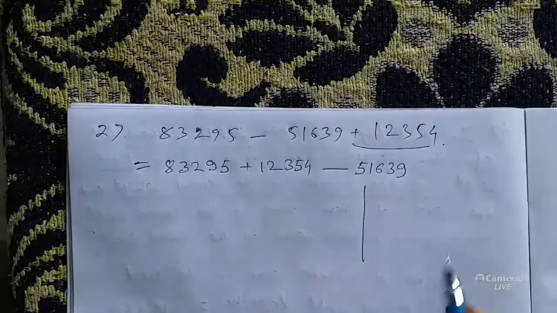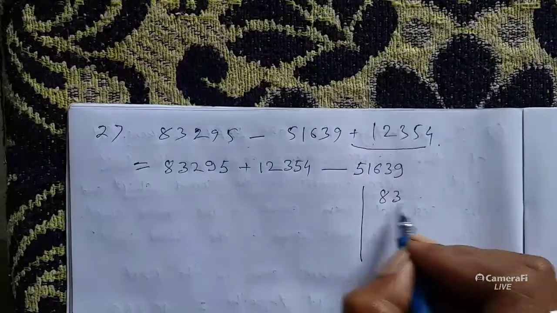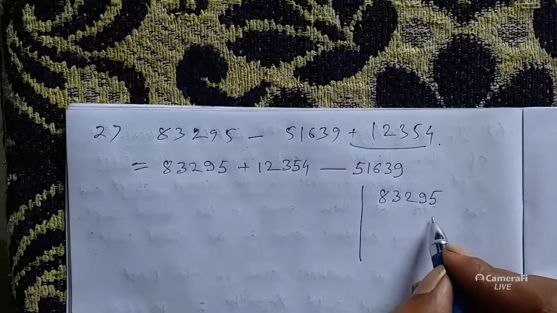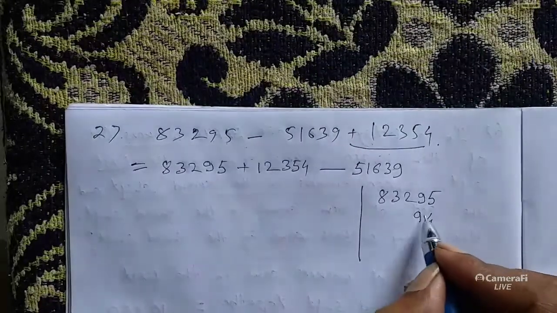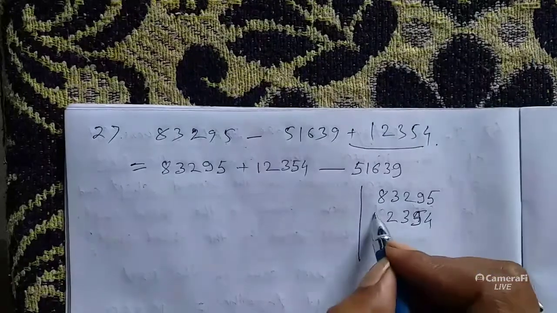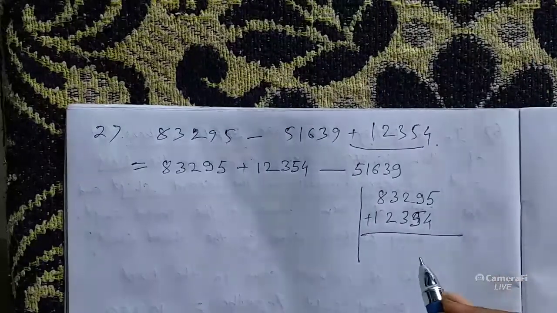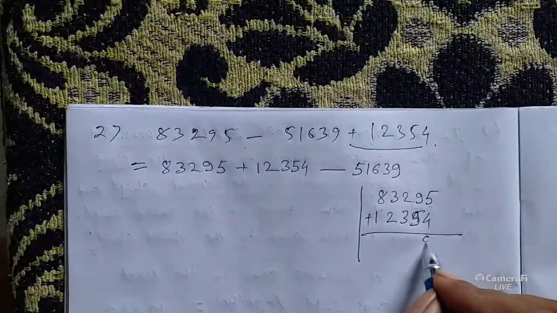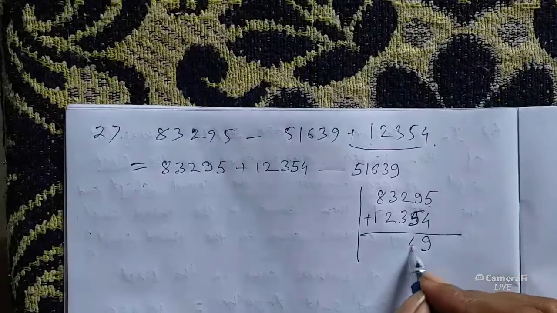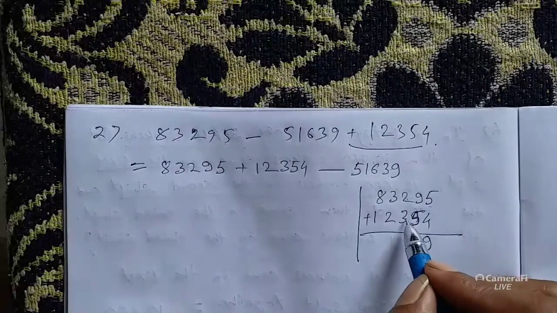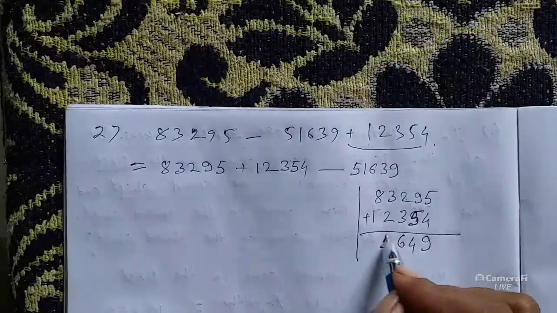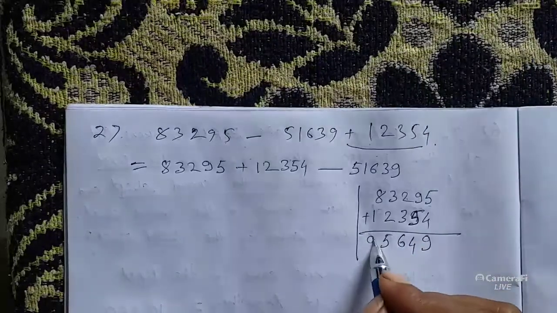Now do it, first addition, 8 3 2 9 5 plus this 5 3 2 1, arrange, add. So here 5 plus 4, 9, 9 plus 4... 9, 4 plus 1, 14, 4, 1 carry, 3 plus 2, 5 plus 1, 6, 2 plus 3, 5, 8 plus 1, 9.